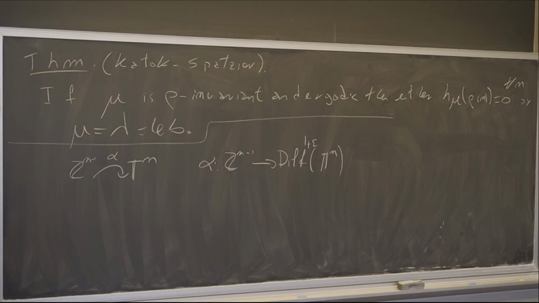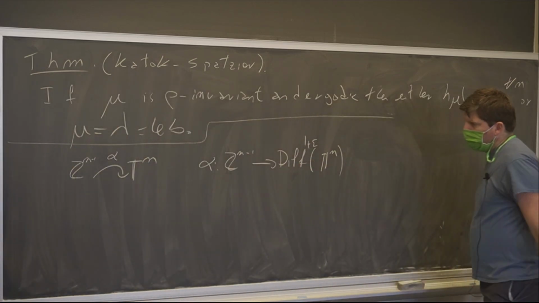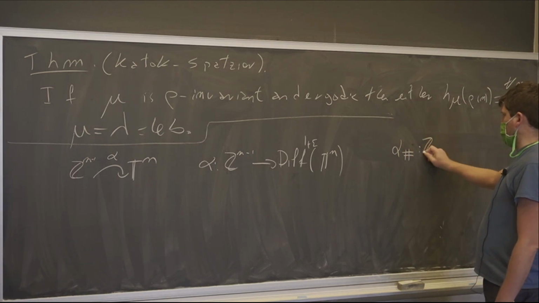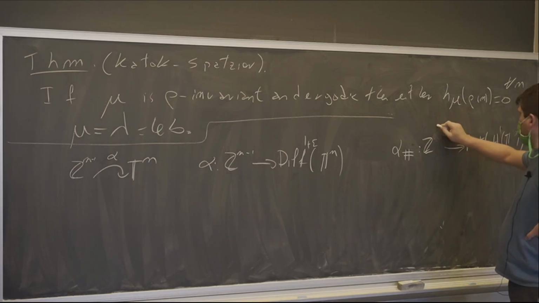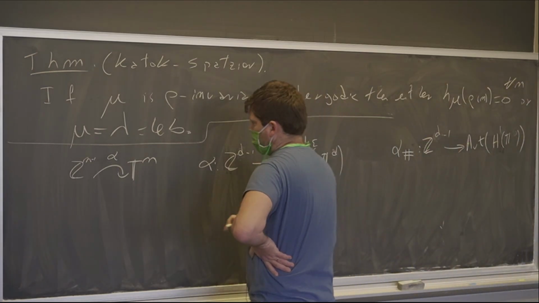It's C-infinity, really, it's not so serious. And once I have this action by diffeomorphisms, this induces a homomorphism from Z^(n-1) into automorphisms of pi_1 or even H_1, whatever. These are all the same. And then I went back to n. Let's go back to d.